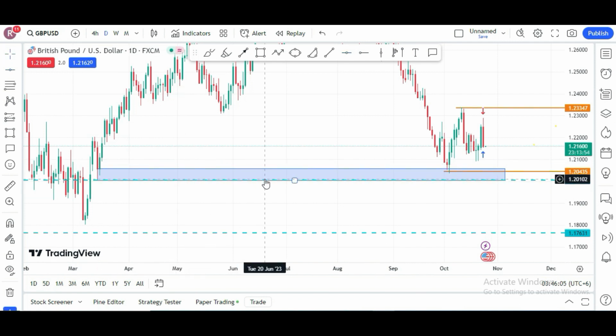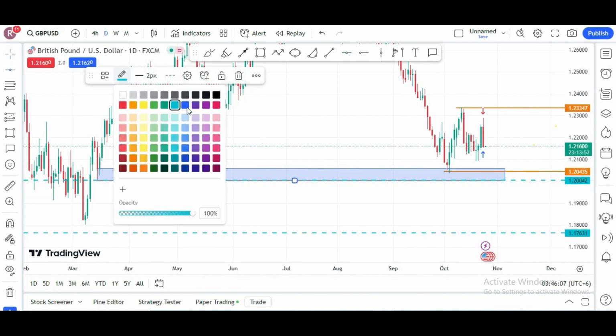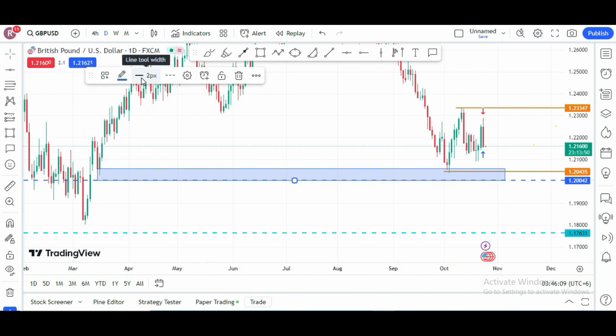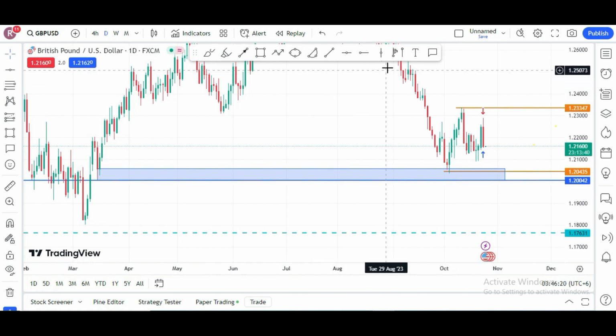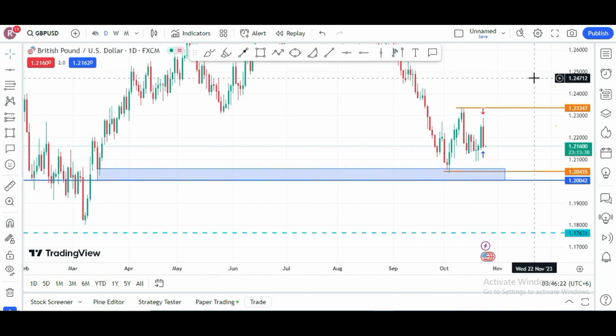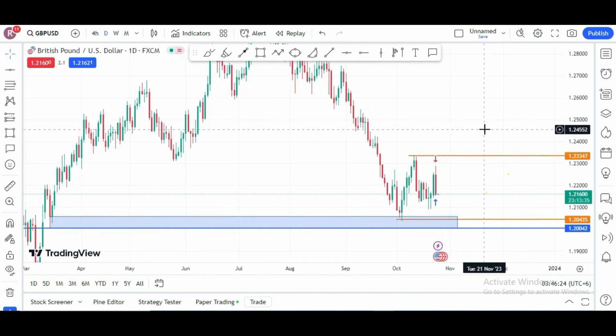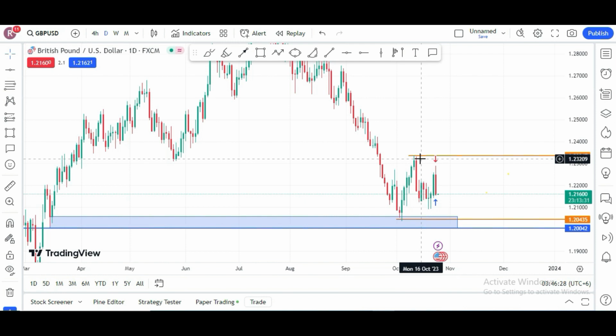I beg your pardon for my mistakes. And this should be solid in blue. Now this day has formed a double bottom. For this double bottom, we can see that this is a double top.